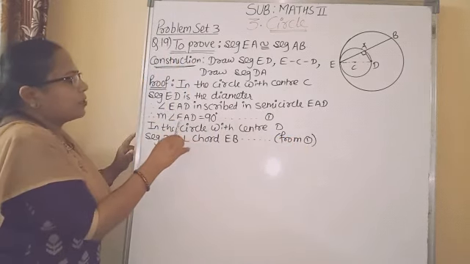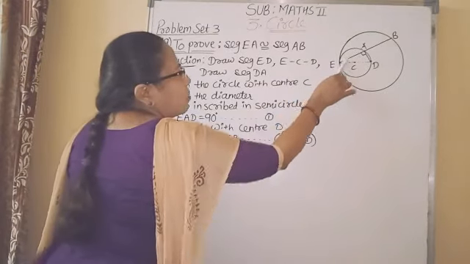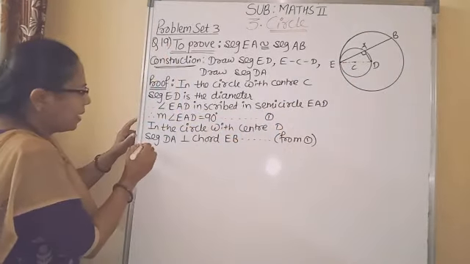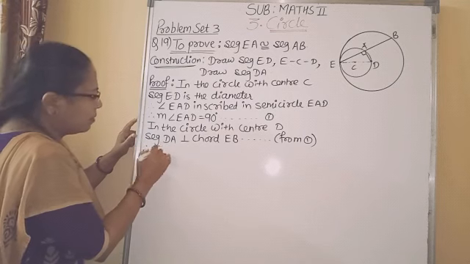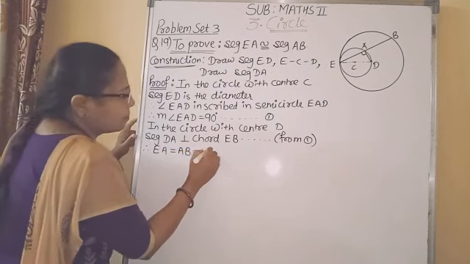From 1 we can say, because angle EAD is 90 degrees, segment DA is perpendicular to chord EB. And therefore, EA is equal to AB.